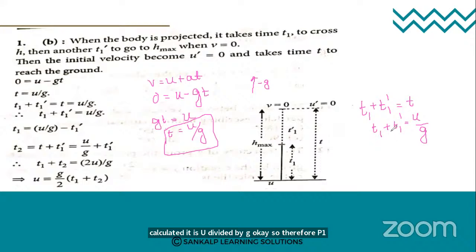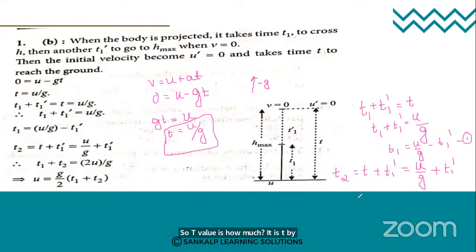We can also simplify this as t1 is equal to u by g minus t1 dash. Make this equation 1. Next, when it is returning back, the time t2 is equal to t plus t1 dash, where t is u by g. So t2 is u by g plus t1 dash. This is equation 2.